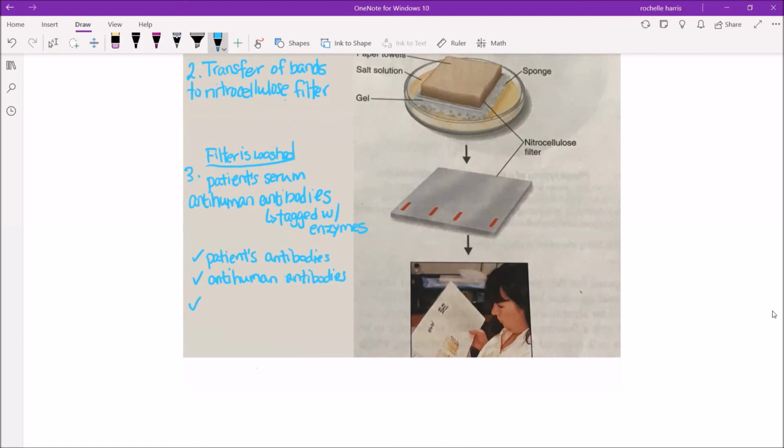We also have the specific antigen. This all will give us visibility once the substrate is added.